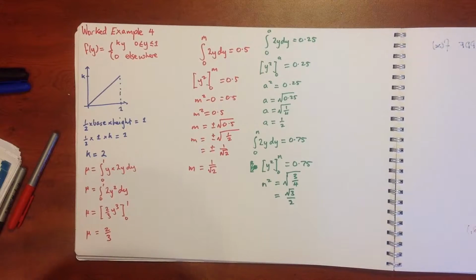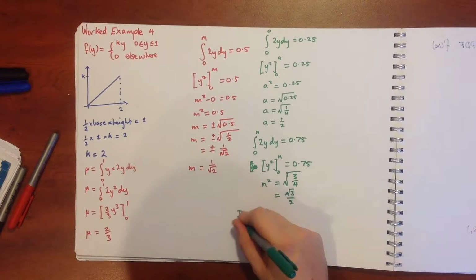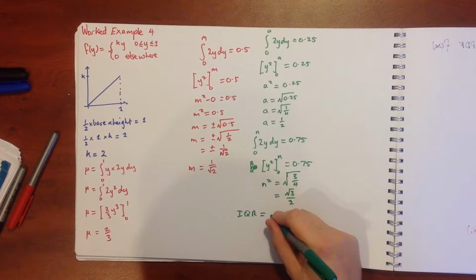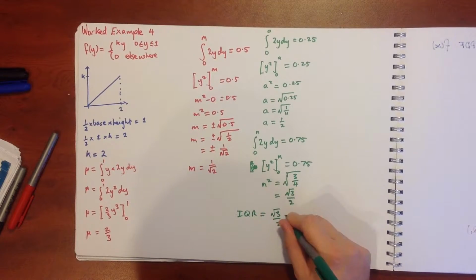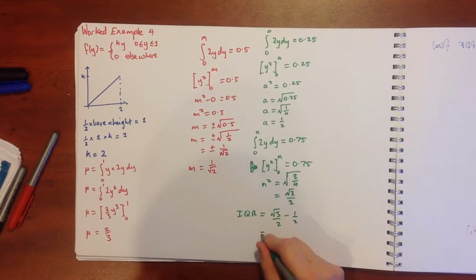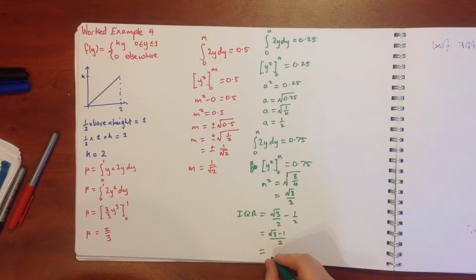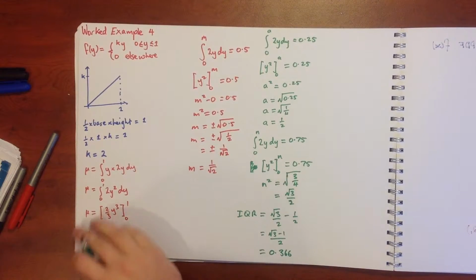So our interquartile range is going to be root 3 on 2 minus 1 on 2. You could write it in exact form as root 3 minus 1 on 2. In decimal, that equals 0.366. So that would be our interquartile range.